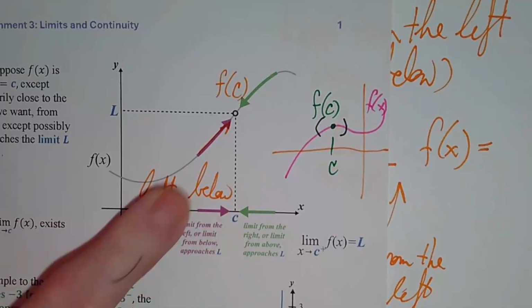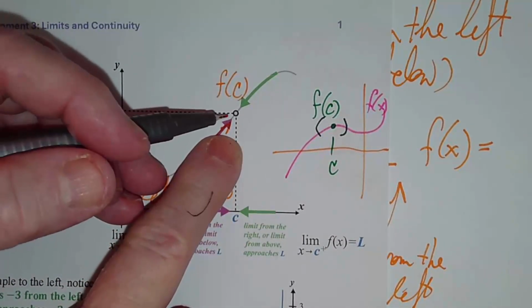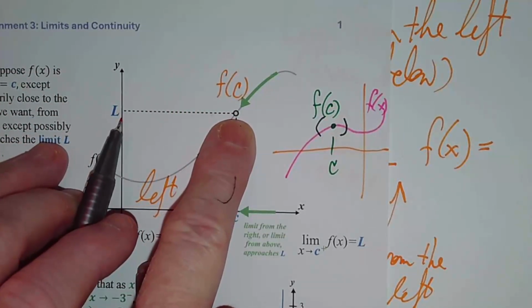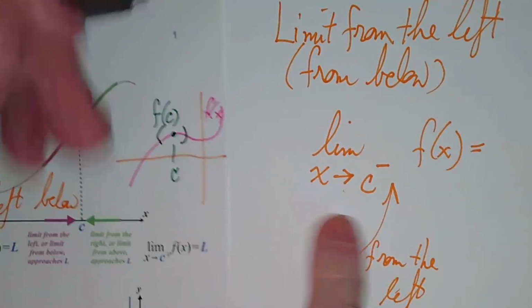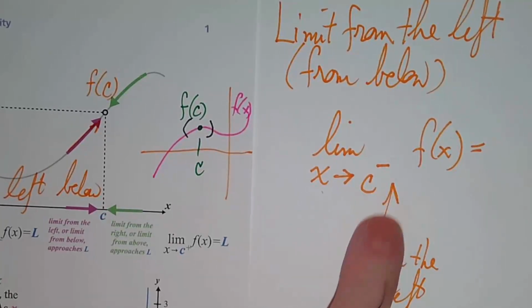As we get closer and closer to x equals c, the function value gets closer and closer to L. So we would say that the value of the limit as x approaches c from below or from the left of f of x is equal to L.